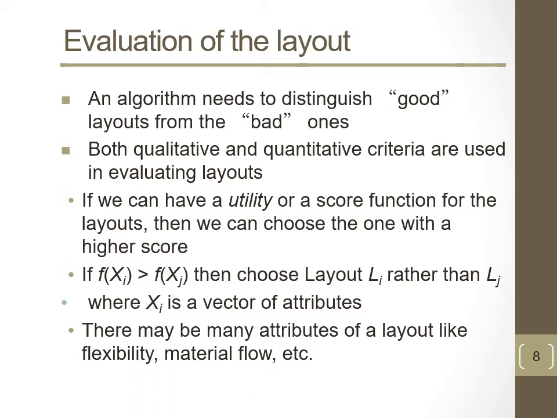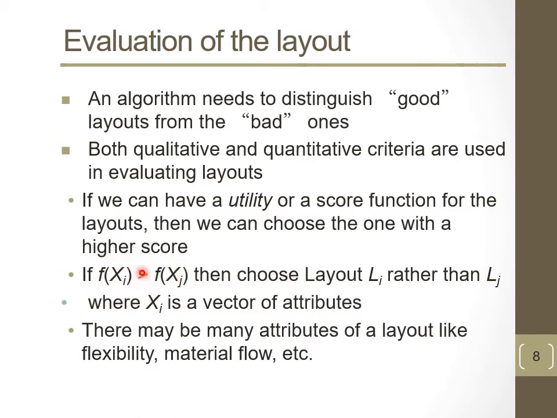For example, if we have two layouts, layout Li and layout Lj, and if these layouts have their attributes, for example, the flexibility of a layout, the total flow of a layout, then if we want to compare layout Li with layout Lj with respect to one of these attributes, then we can calculate a function, and we say that if, for example, f(xi) is greater than f(xj), what does it mean?